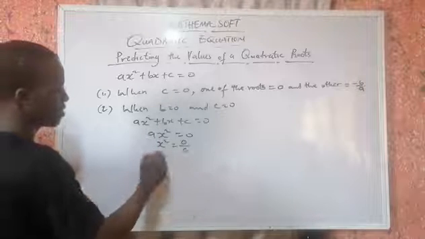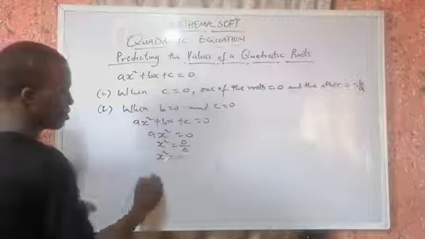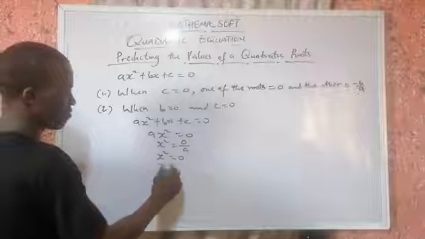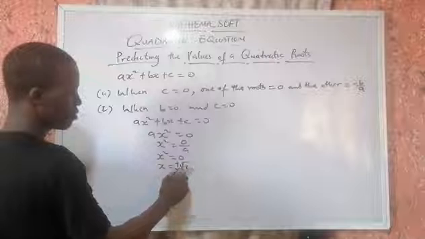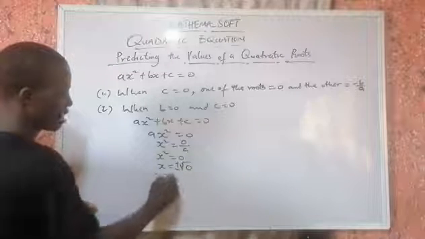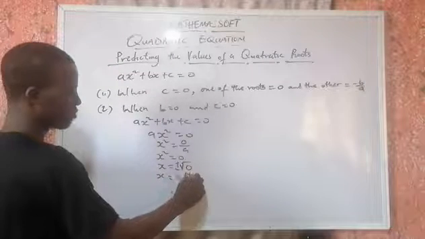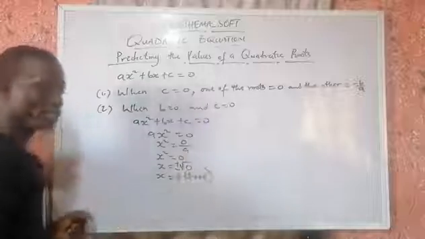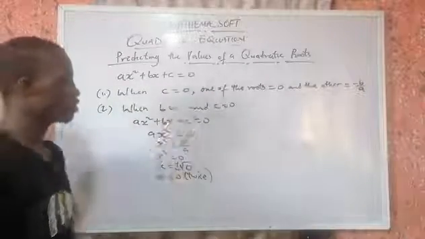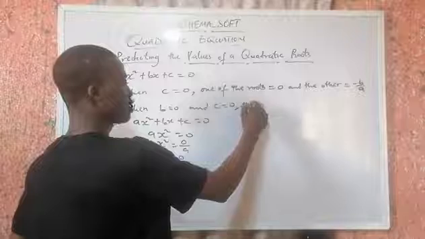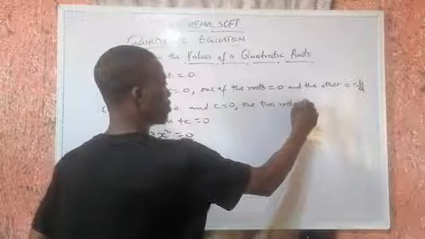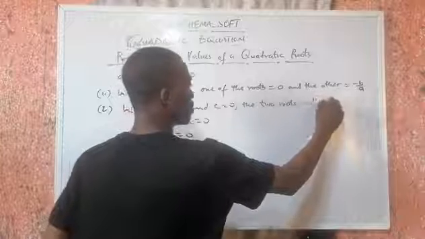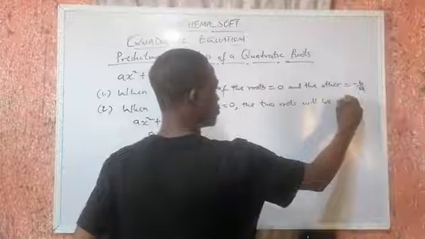And then that gives us x squared equals 0. So you can have x equals plus or minus root 0, okay? x equals 0 twice. So in this case, when we have this condition, we can say that the two roots will be 0.